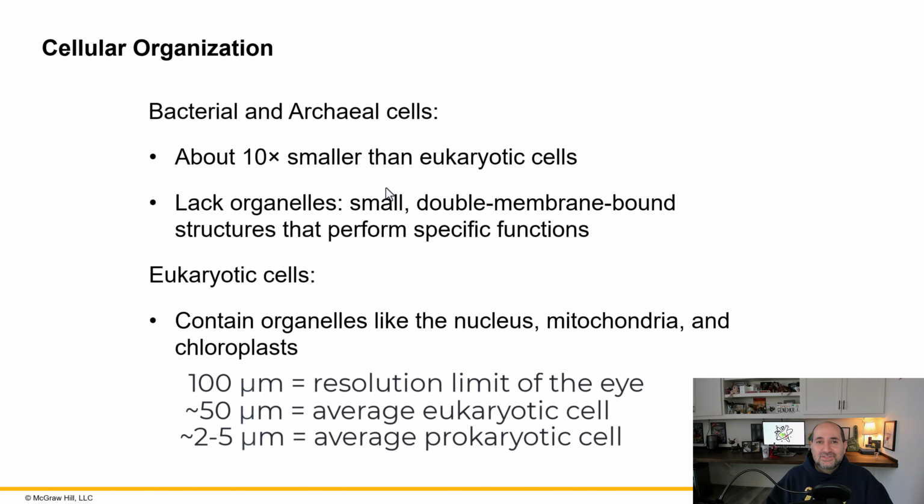Does that make sense? So bacterial and archaeal cells are tiny, tiny, tiny compared to eukaryotic cells. But eukaryotic cells are already much smaller than what we can see with our eye.